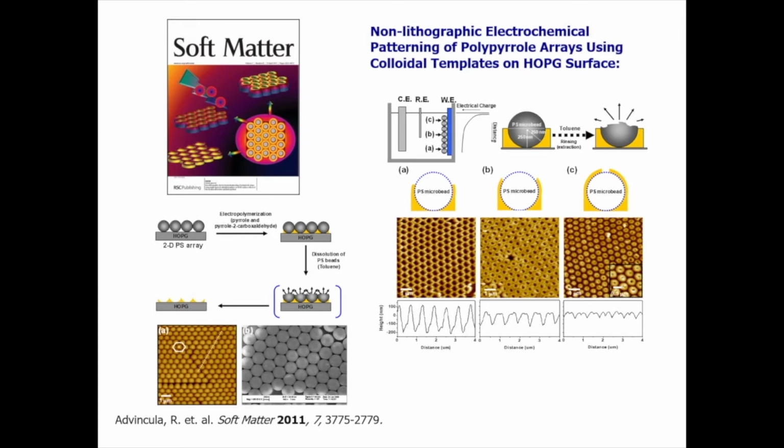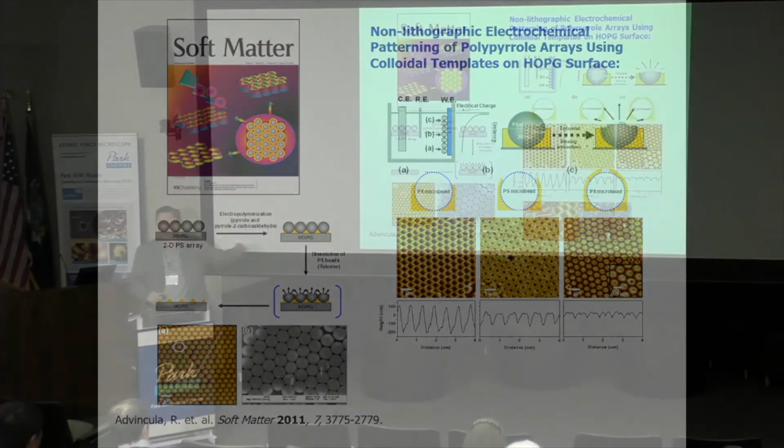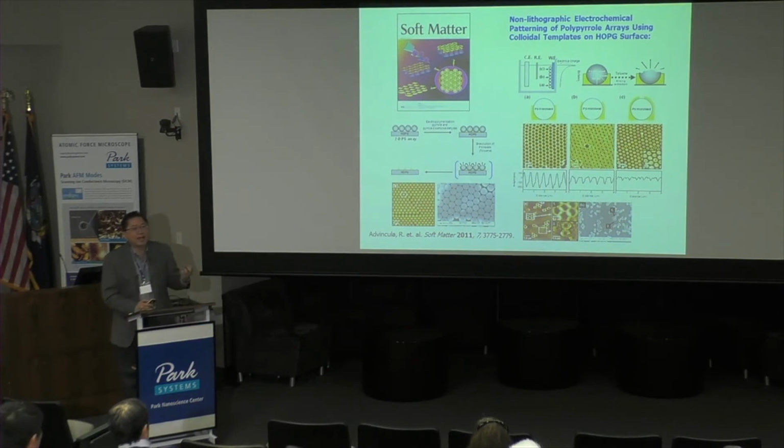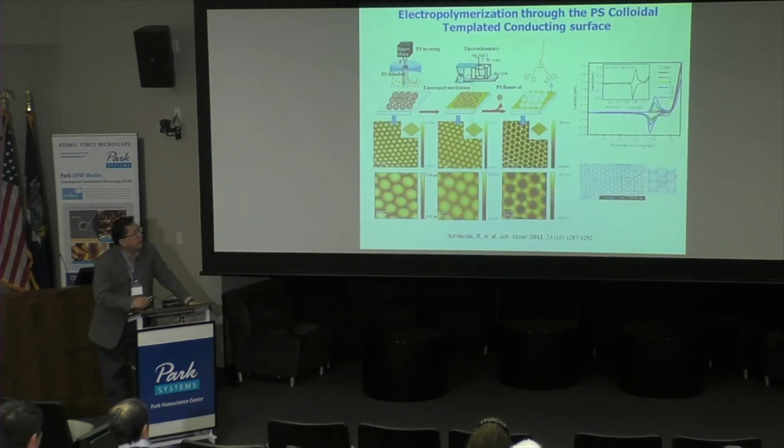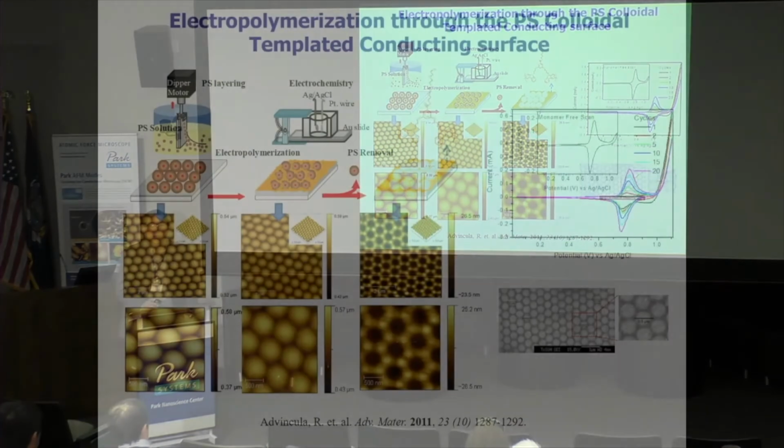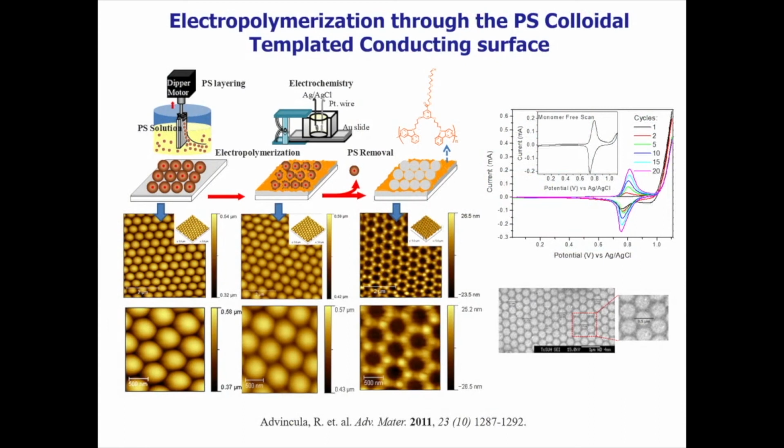You can even harvest the particles. You can basically shave the particles, and you get capsules. In this demonstration, we use this monomer to polymerize around these colloidal particles. After removing the colloid, you're left with these arrays. These arrays are basically conducting polymers. How do we know? Well, we can do AFM, electrostatic AFM.